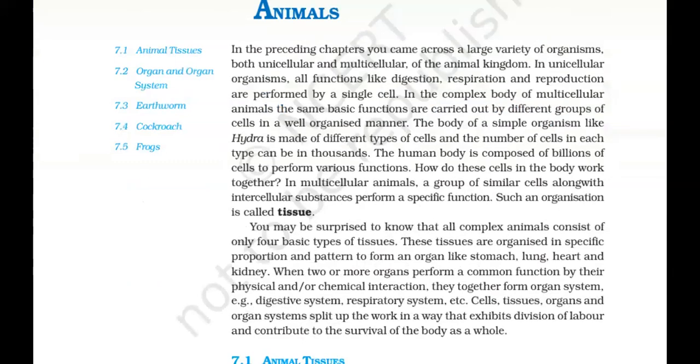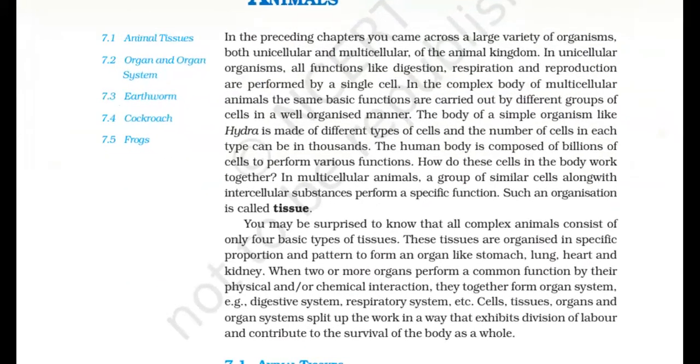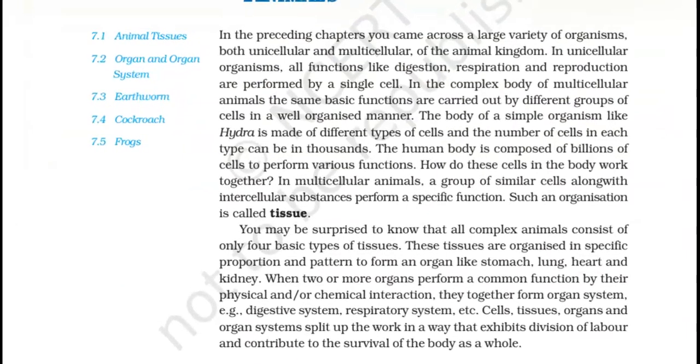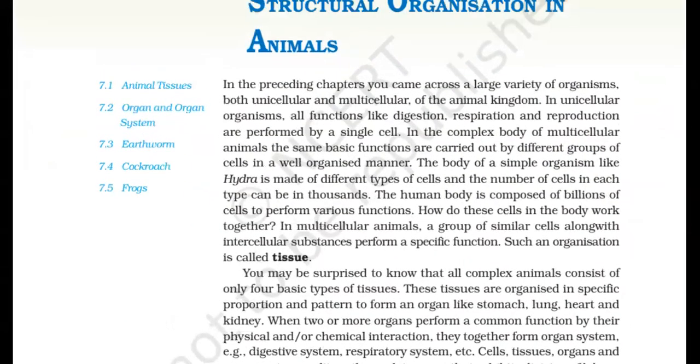Okay, see, our body is composed of millions of cells, right? These cells perform different functions. And we are animals, multicellular organisms, so we have tissues. In animals, the body is made up of many types of tissues.